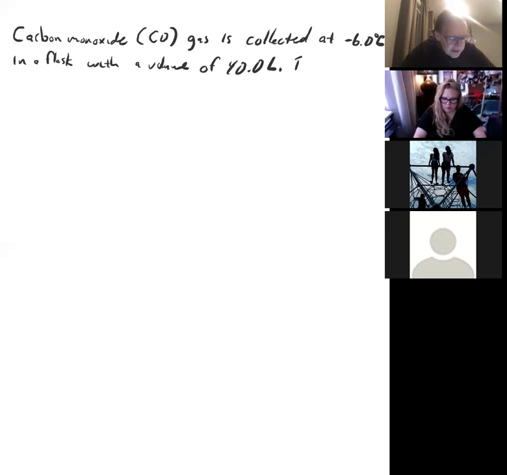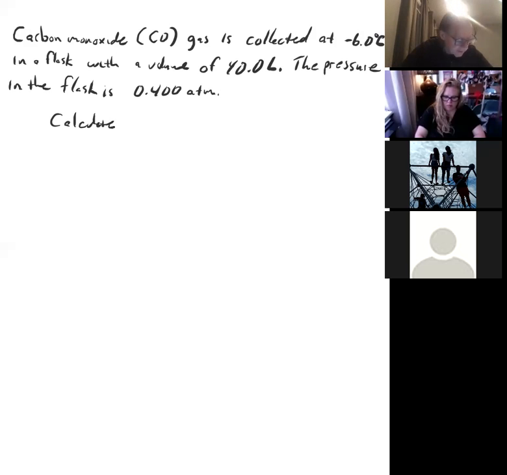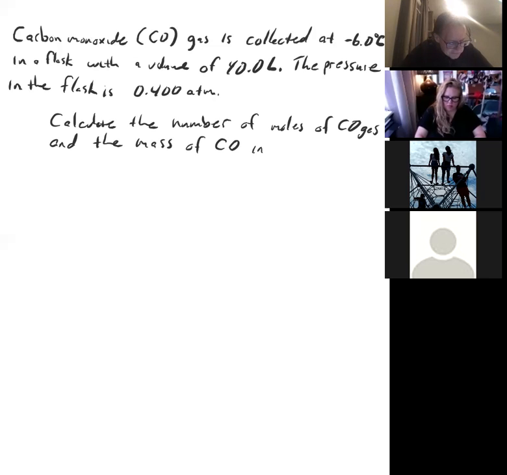The pressure in the flask is 0.400 atmosphere. Calculate the number of moles of CO gas and the mass of CO in the flask.